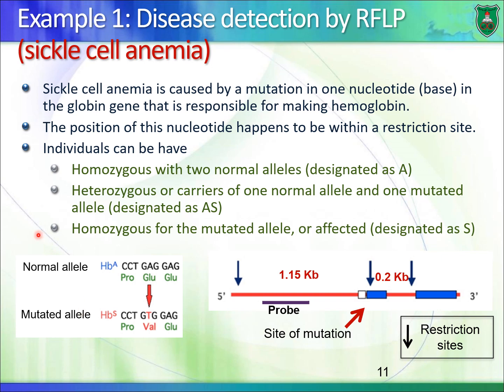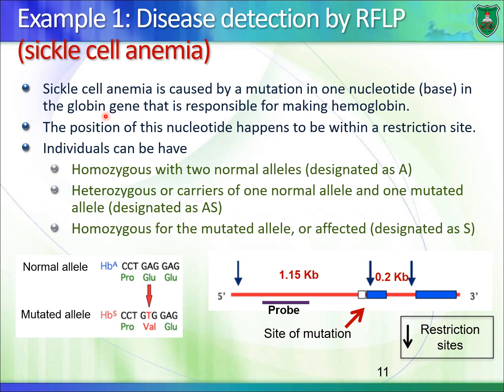So in order for a person to have the disease, this person must have both alleles, that is both chromosomes, having GTG. A normal person would have GAG on both alleles, on both chromosomes. And a carrier would have one allele being GAG, normal, and the other allele having the mutation, a sequence of GTG. And it's symbolized as HbS, S for sickled hemoglobin.